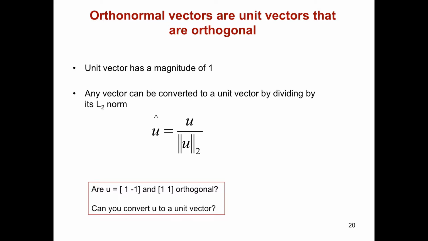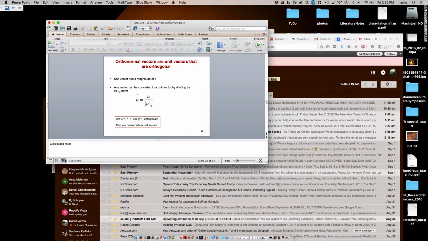While you're doing that, I'm going to switch to my writing pad. What's going to be the normalized, or unit, vector in the same direction as u?